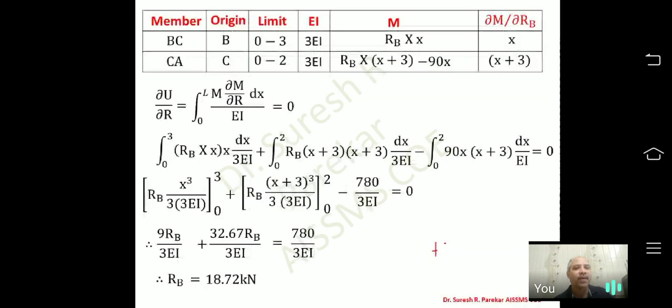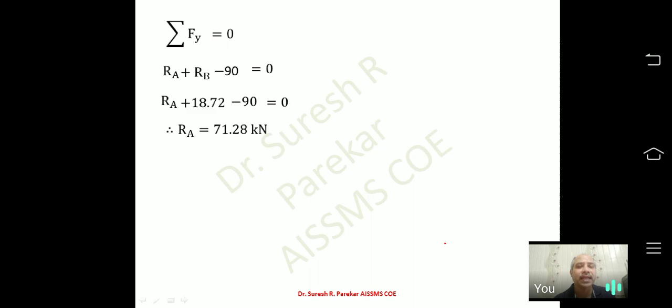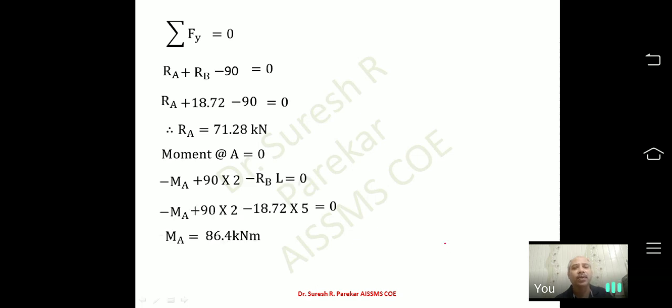So once we know value of RB, by using equations we are in position to determine the values of RA. So simply by using summation Fy equal to 0 we will get RA as 71.28 kilonewton. Now I can go moment about A equal to 0, and by using moment about A we are going to get value of MA as 86.4 kilonewton meters.